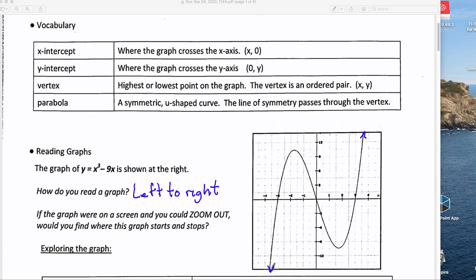But in the world of math, what we have here, if you look up here, we had a parabola was a symmetric U-shaped curve. Let's change colors and underline that. A symmetric U-shaped curve. All right, so what we have here are two parabolas. The first one is right here, and the second one is right there.